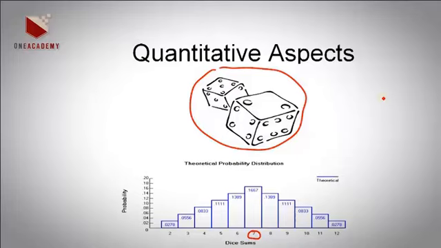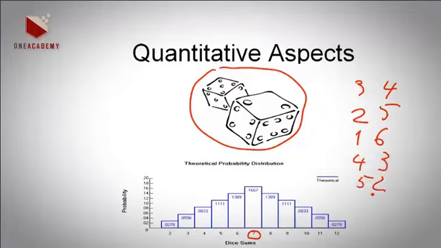It could happen as 3 and 4, 2 and 5, 1 and 6, 4 and 3, 5 and 2, 6 and 1. So actually 6 out of 36 possible combinations. So it is the most probable expected value.